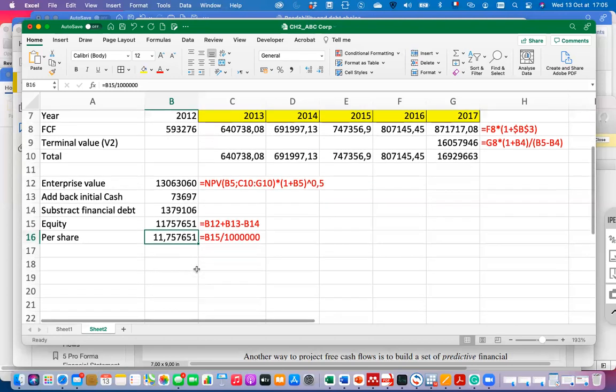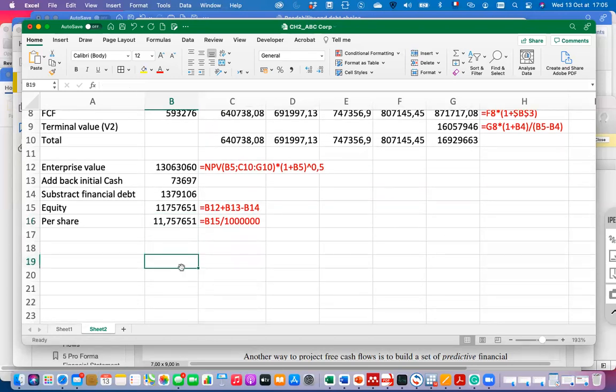So I go here. I create a new row for, let's say, the growth rate. I can start with 0% growth rate, then 2% here.